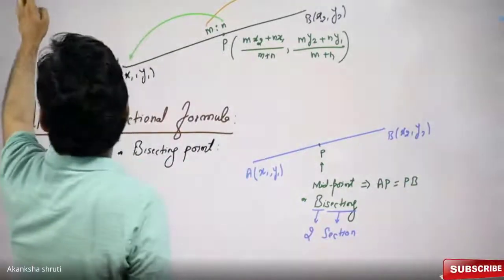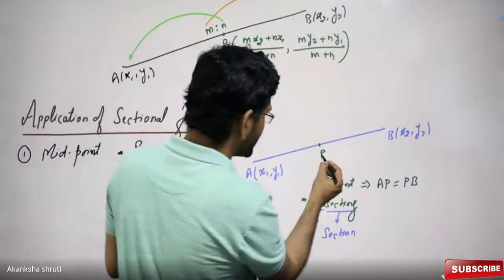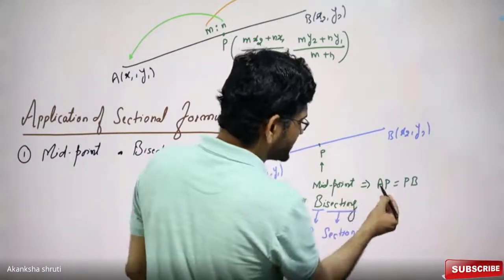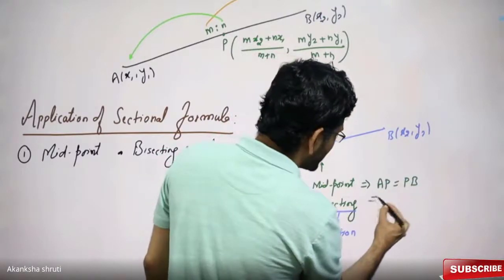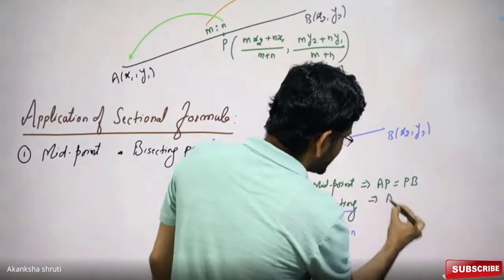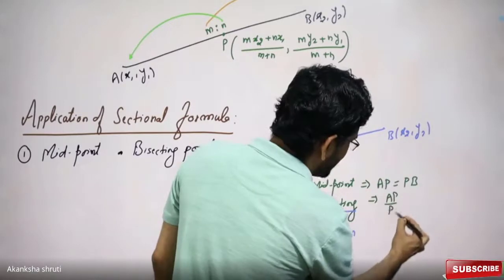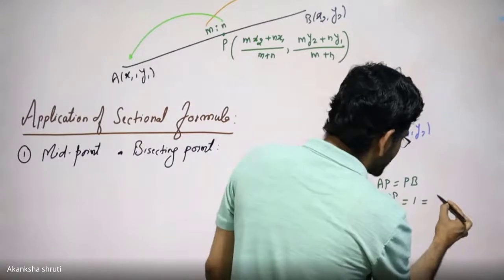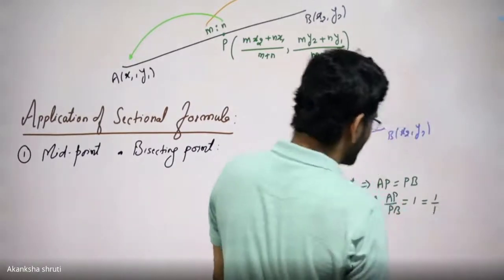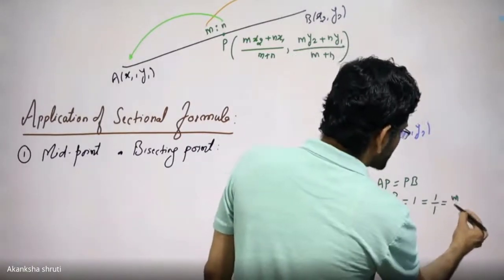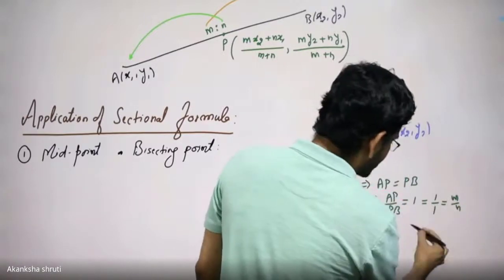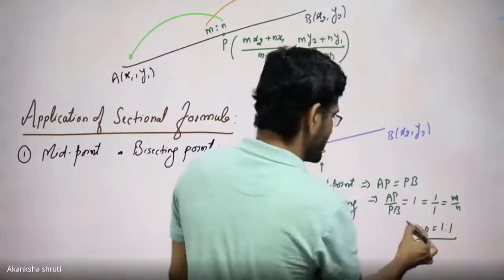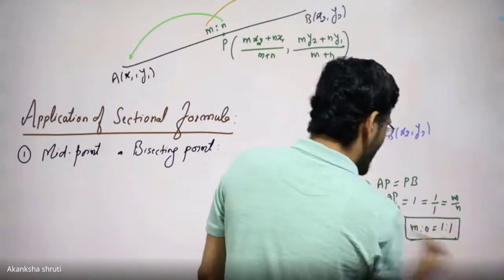Here P is the midpoint, so AP equals PB, or P is the bisecting point. Bring PB below, AP by PB will remain as 1. So in ratio form, the numerator is 1 and the denominator is 1. So our m to n, meaning m by n, is 1:1. This is the meaning of bisecting.